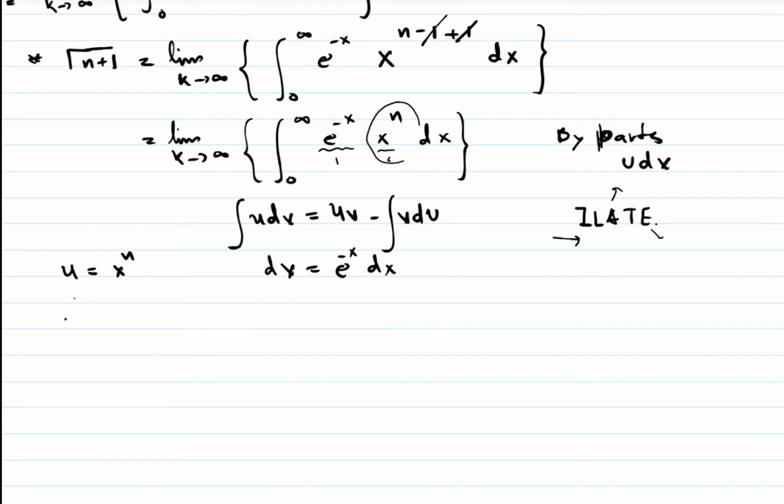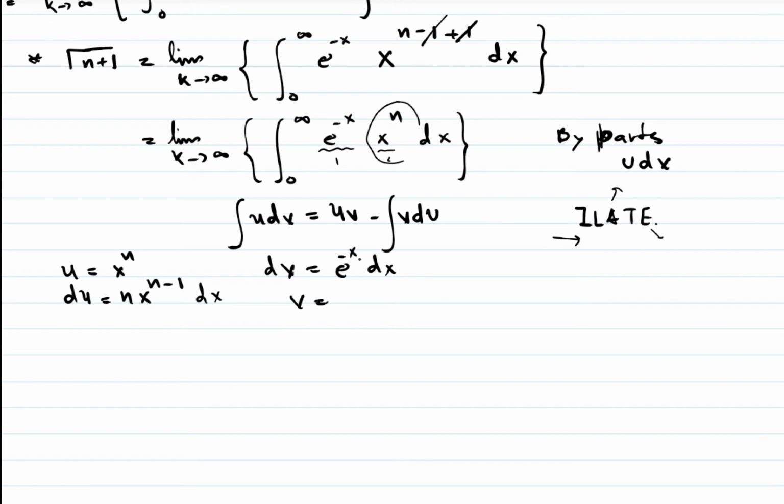Now u is the function you have to differentiate. So du is equal to n x raised to n minus 1 dx. And dv is already differentiated, you just have to integrate it to find v. So v is equal to the integration of this.